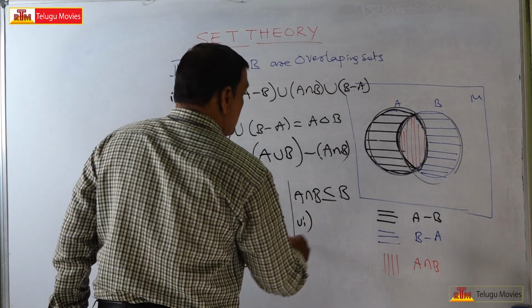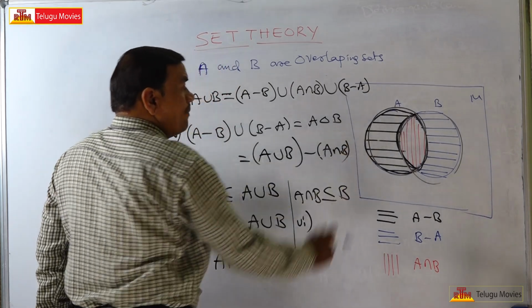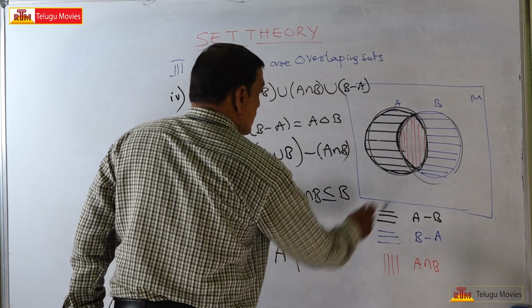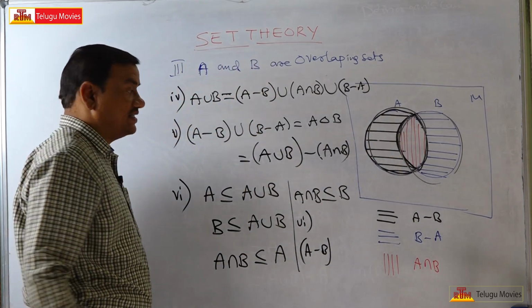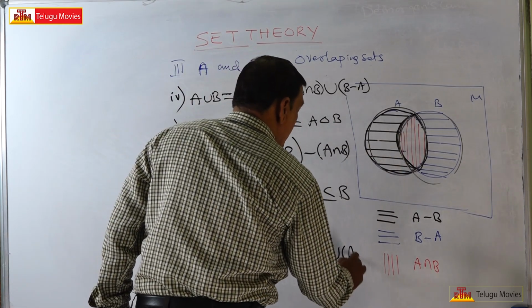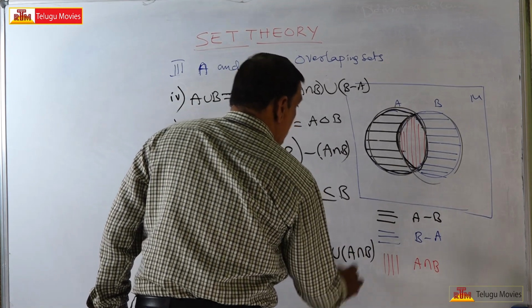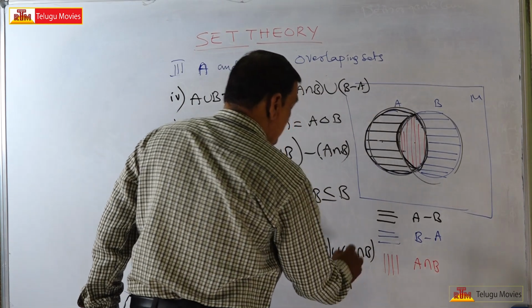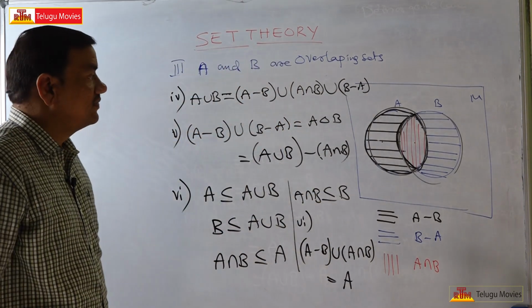One more thing is what? This black part is A minus B. This red part is A intersection B. What is their union? A minus B union A intersection B is nothing but A. This is also one result.